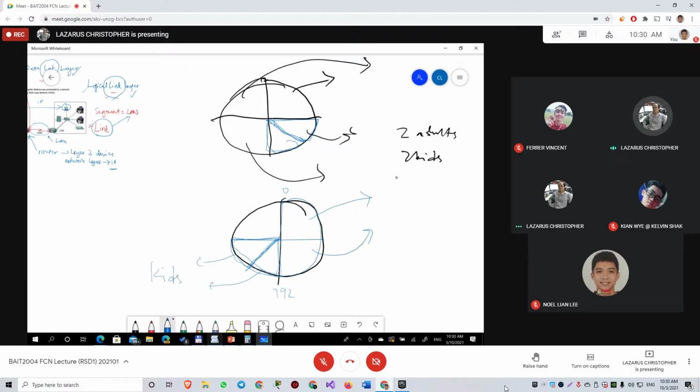So one kid, let's say kid 2, kid 1. So this range of addresses belongs to this kid. This range of addresses, a piece of cake if you want, belongs to this kid.